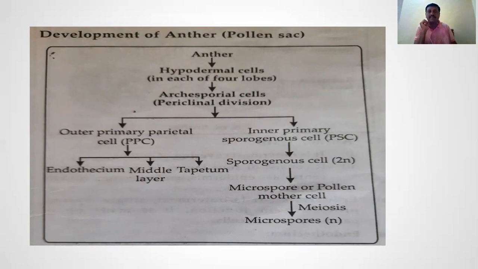Primary parietal cells develop the protective layers: the endothecium, middle layer, and tapetum. These are developed from the hypodermal cells.